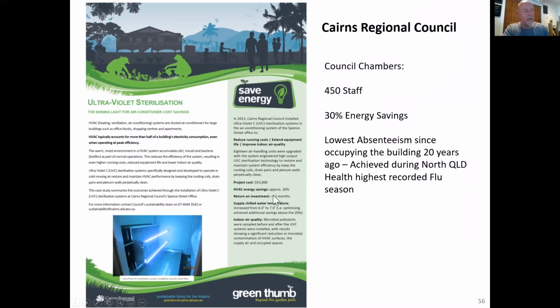Then they found they were able to raise their chill water from 5.5 degrees supply to 7 degrees in the middle of summer. And Cairns is in the tropics, so it's hot and humid. But they were able to have a 7-degree supply temperature and still achieve the same space conditions once the Steril Aire had removed all the biofilms on the coils.